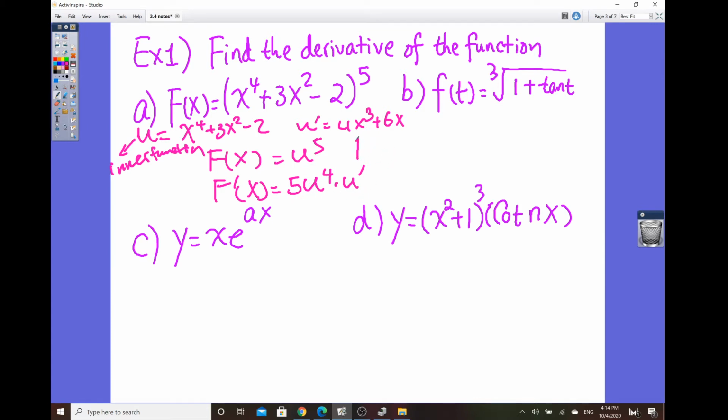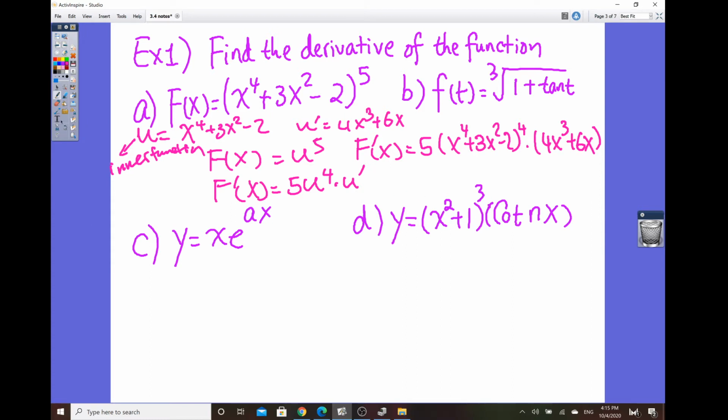So f prime of x is 5 times x to the power of 4 plus 3x squared minus 2, to the power of 4, times 4x to the power of 3 plus 6x. So using the chain rule, it's the derivative of the outer function times the derivative of the inner function.